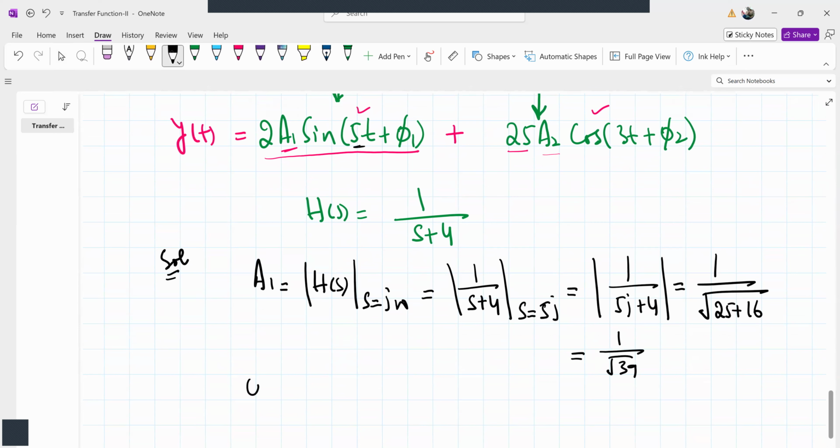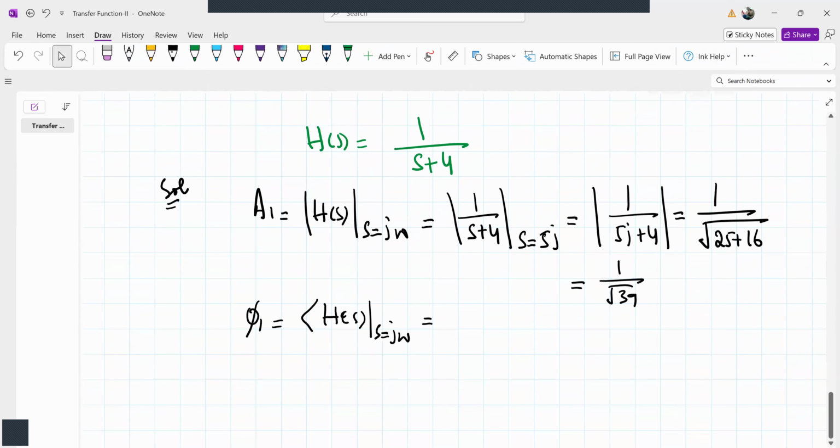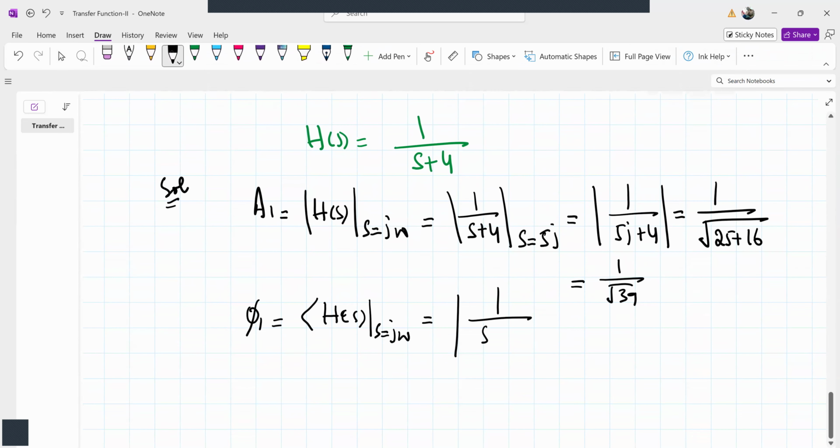What's phi 1? Phi 1 is the angle in h of s, where we replace s by j omega. So this will be 1 by s plus 4, with s equal to 5j. So not magnitude, angle. This is the angle contained in 5j plus 4.